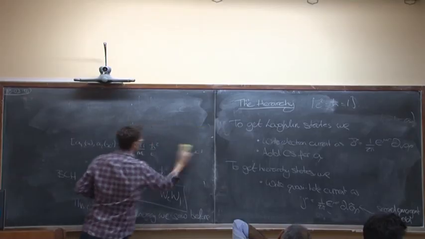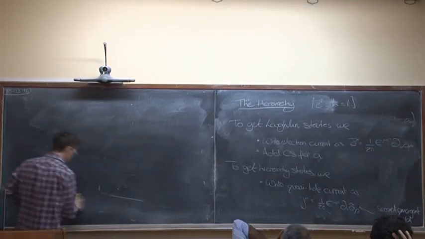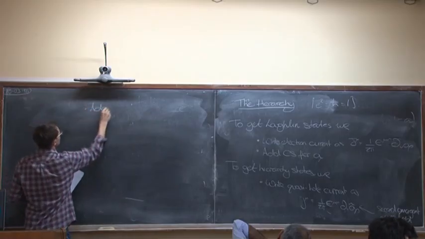And little j is by definition the thing that couples to little a. And then we add a Chern-Simons term.